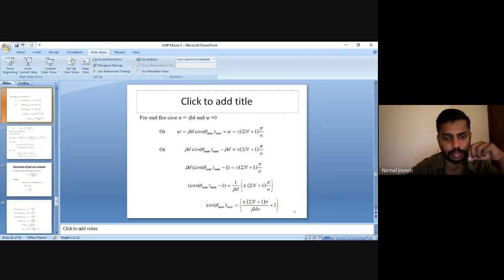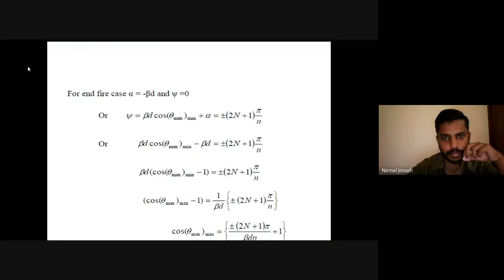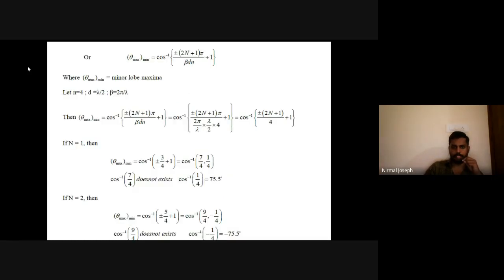All steps are the same. So we are going to find the maxima of the minor lobe.